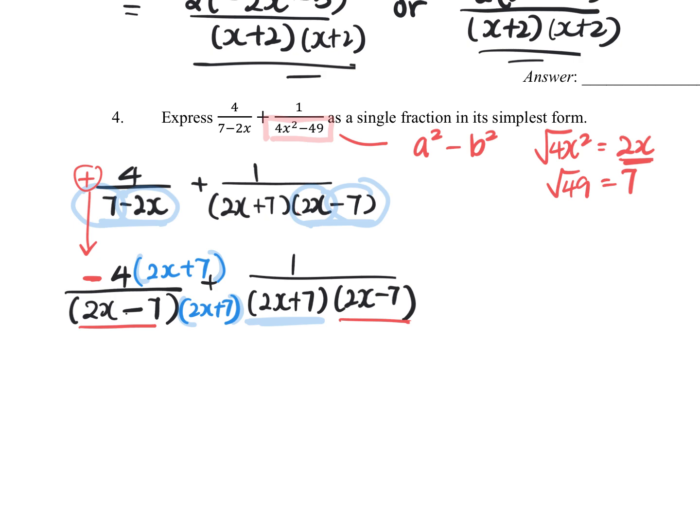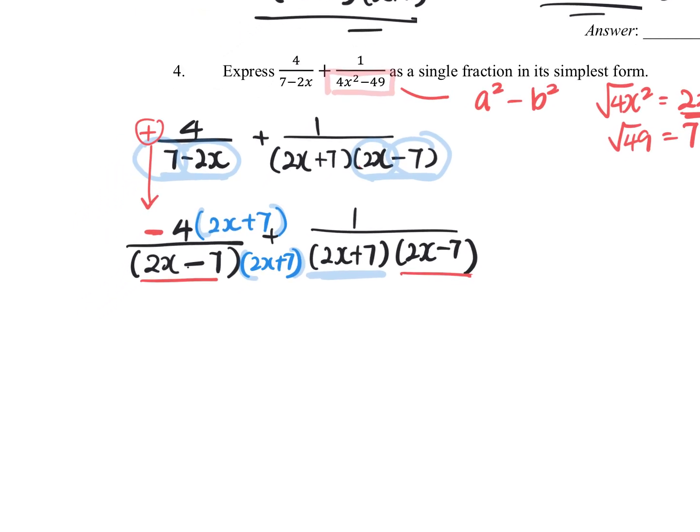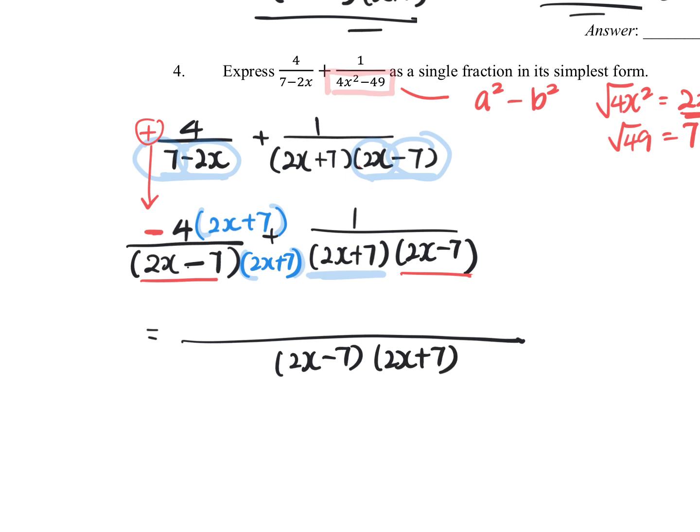Have you gotten the concept? Next, we are going to do our expansion. Please be very careful with the sign, especially the negative numbers. Negative 4 times 2x is negative 8x. Then negative 4 multiplied by 7 is negative 28.